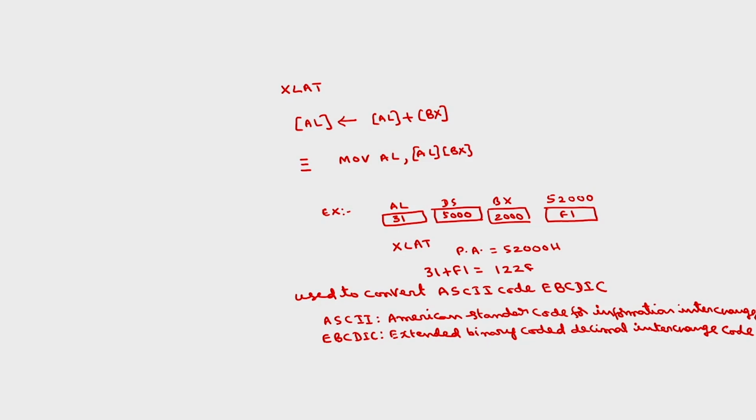You might have heard about the ASCII keyboard. What is meant by the ASCII keyboard? Each key will be coded by an ASCII code. This ASCII code is a 7-bit code. We have an 8-bit code also.